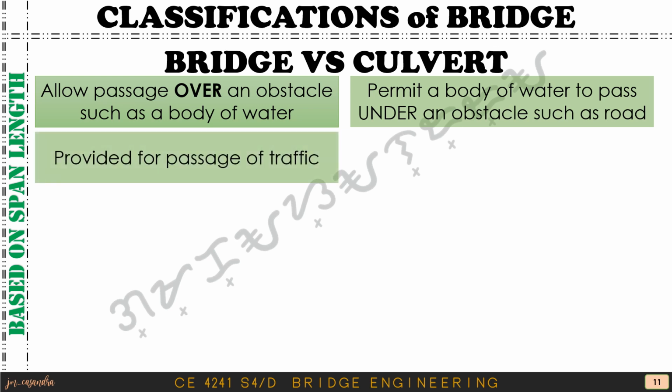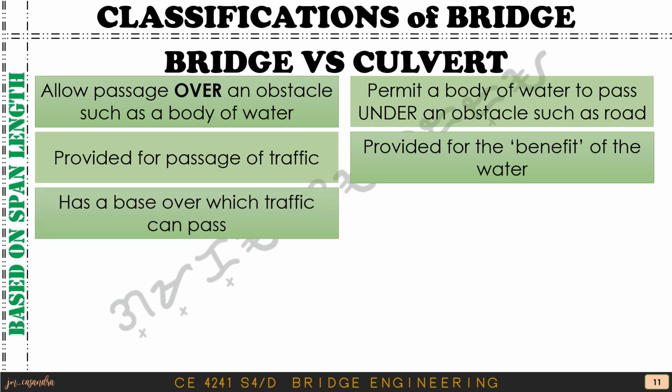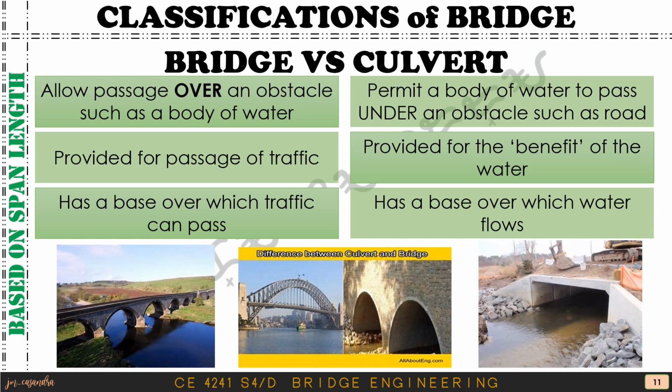A bridge provides passage of traffic flow, vehicle or pedestrian traffic, while a culvert provides passage of water. A bridge has a base over which traffic can pass, while a culvert has a base over which water flows. This is the difference between a culvert and a bridge.